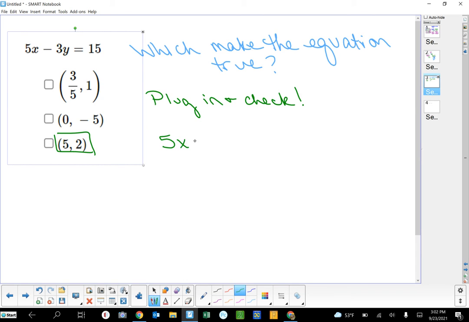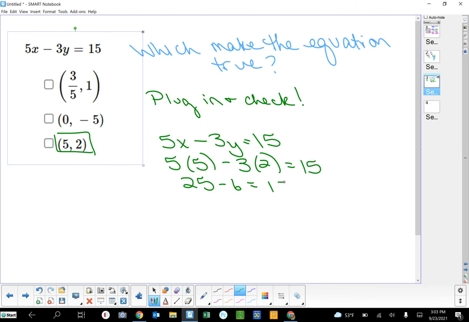So here's the equation, 5x minus 3y equals 15. I'm going to plug in 5 for x and 2 for y, and that's 25 minus 6, which is 19. That does not equal 15, so this one is not going to work, okay? So then you would plug in the other points and see if those do indeed work.